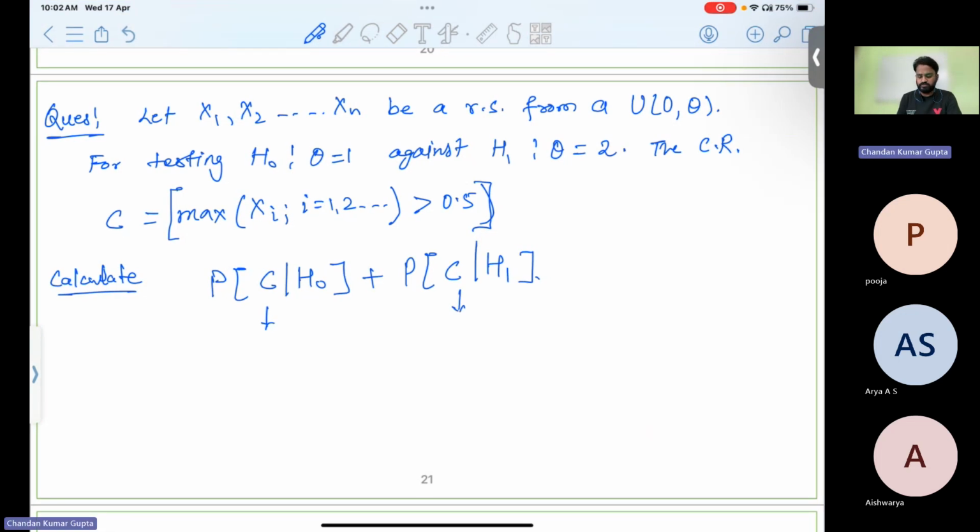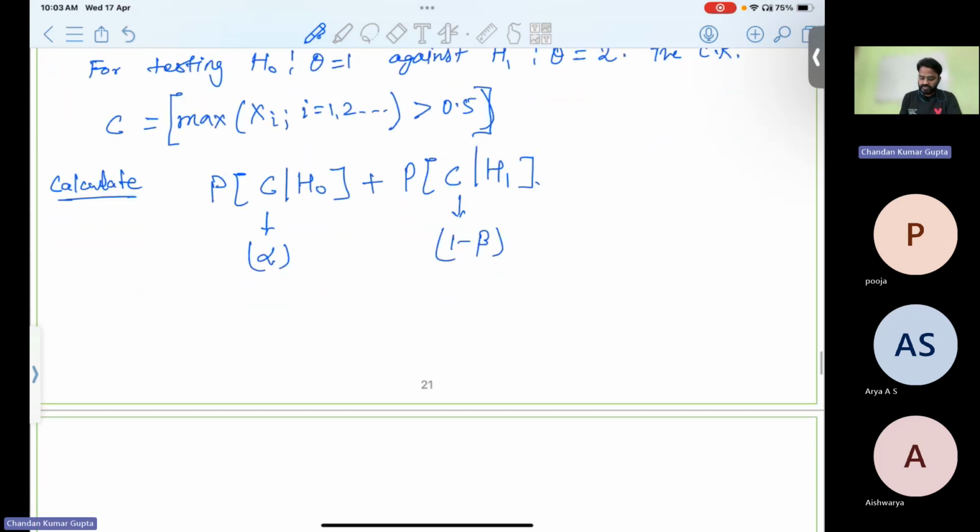C is our critical region, H naught is true. C is our critical region, H1 is true. The first term is the probability of type I error, and the second is the power of the test. Okay. Correct. Yes, this is right.